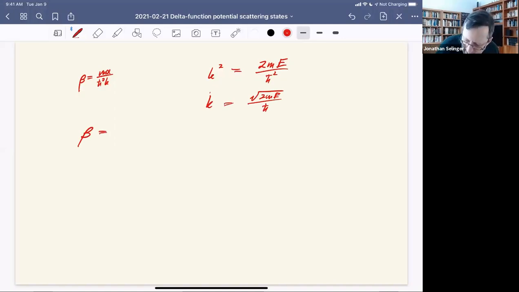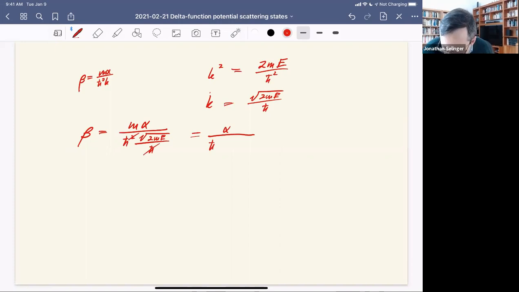Beta is m alpha over h bar squared times this square root of 2me over h bar. We can cancel the h bars, and then this is alpha over h bar, and then there's a square root of m over 2e.